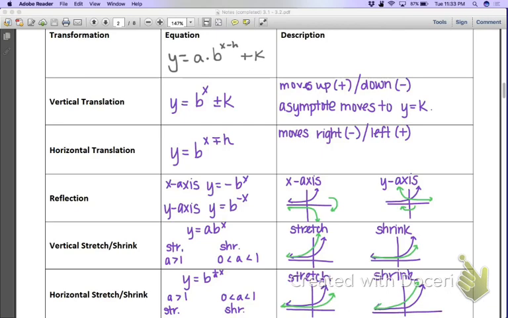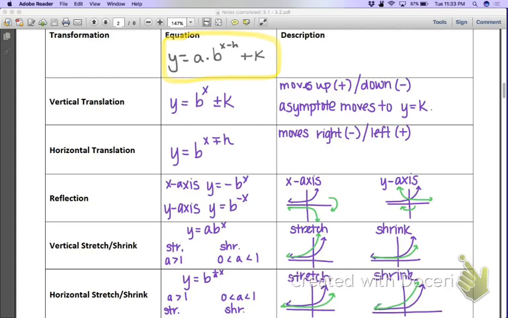So here again, I already showed you our original equation, a b to the x minus h power, and then plus k. Going off everything that has already been written, it's going to be a vertical translation.